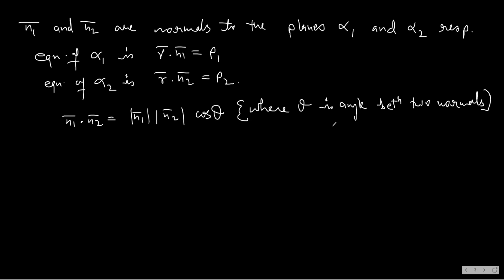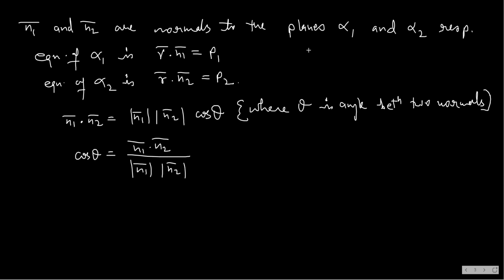But as I know, if I am getting the angle between two normals, the same will be the angle between their planes. So here, cos theta is n1 bar dot n2 bar upon mod of n1 bar mod of n2 bar.